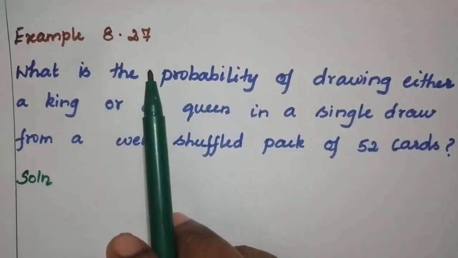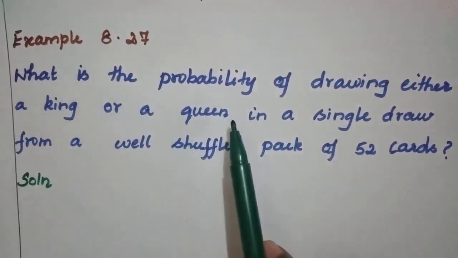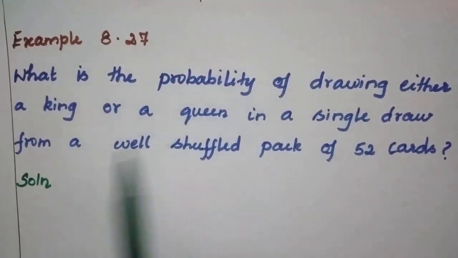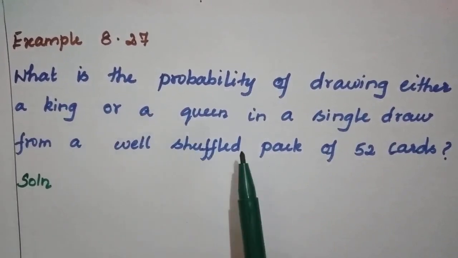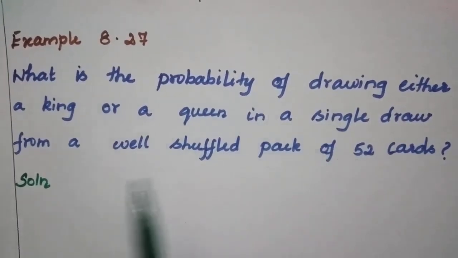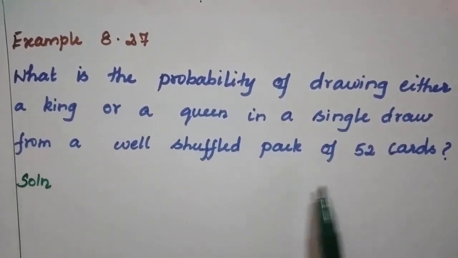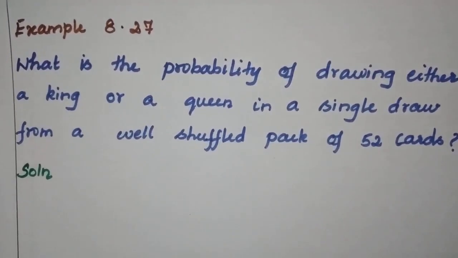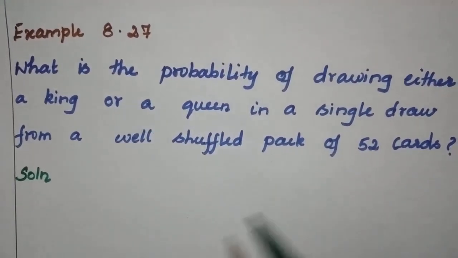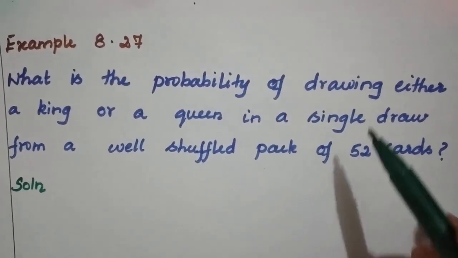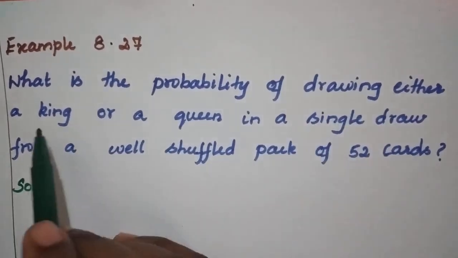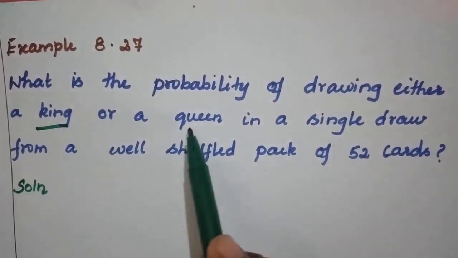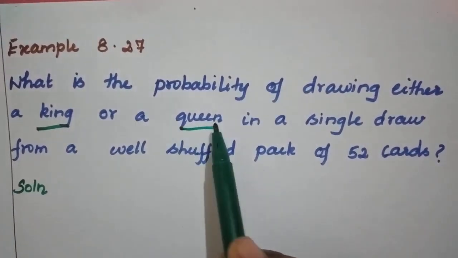Example 8.27. What is the probability of drawing either a king or a queen in a single draw from a well shuffled pack of 52 cards? There are two events: getting a king and getting a queen.